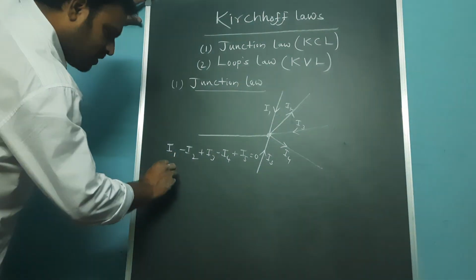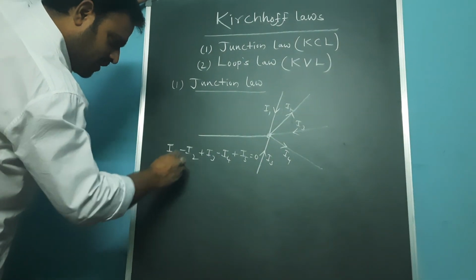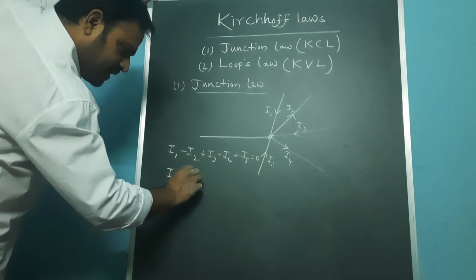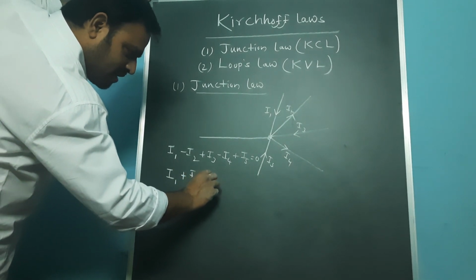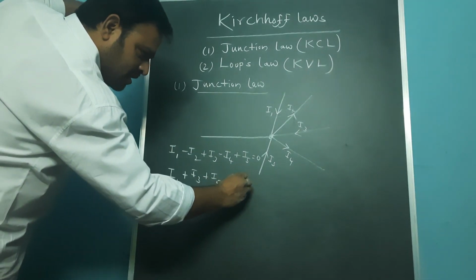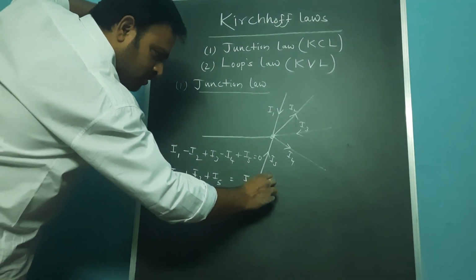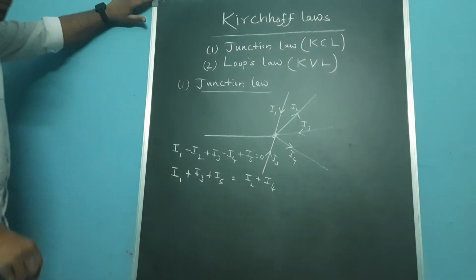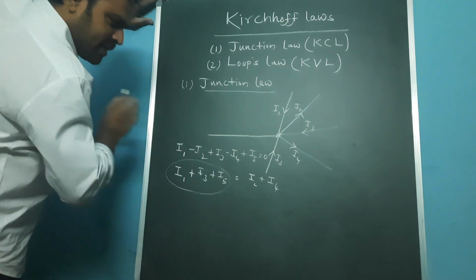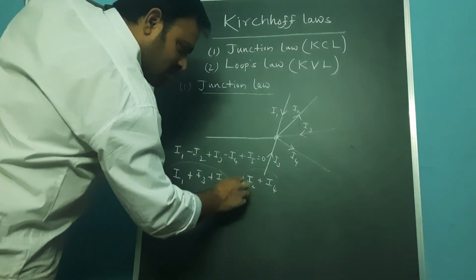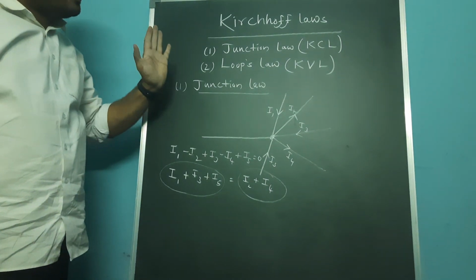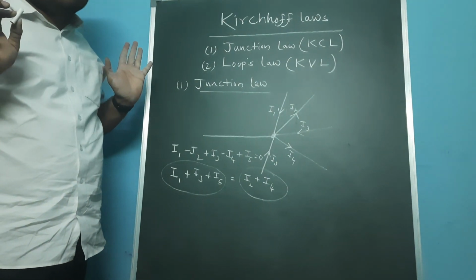If you write all positive currents on one side, that is I1 plus I3 plus I5 is equal to I2 plus I4. It means the sum of the currents into the junction is equal to the sum of the currents out of the junction. This is Kirchhoff junction law.